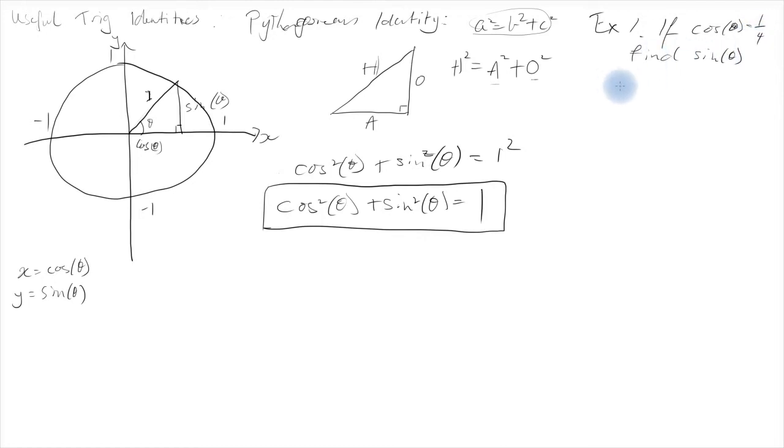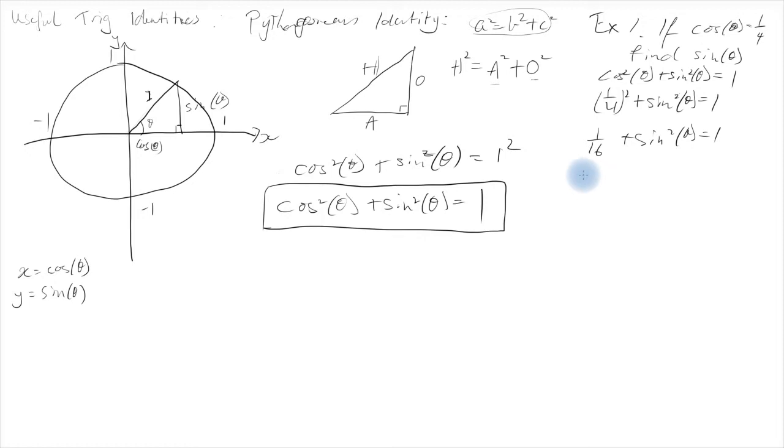Well, first let's put in the identity: cos squared of the angle plus sine squared of the angle is 1. So therefore a quarter squared plus sine squared of the angle equals 1. A quarter squared is 1 on 16, plus sine squared theta equals 1.